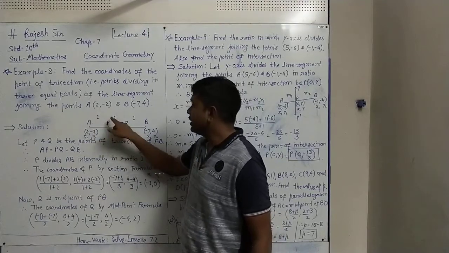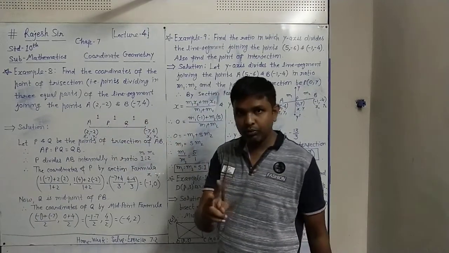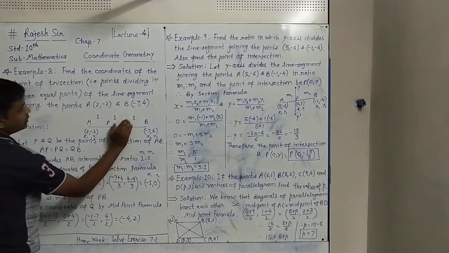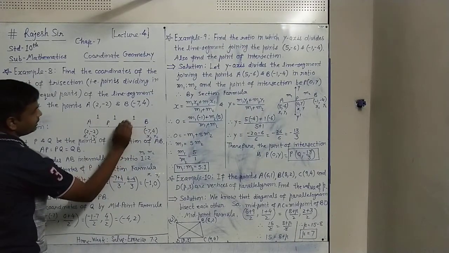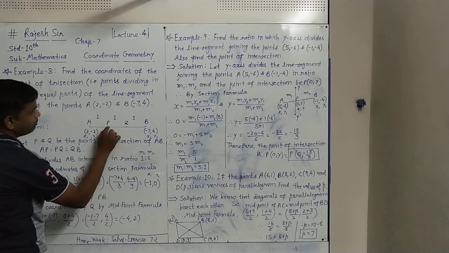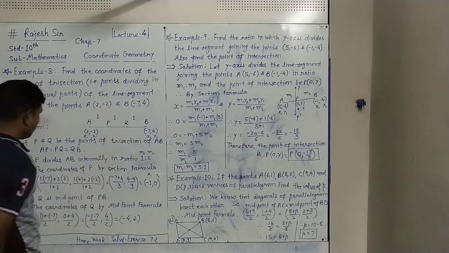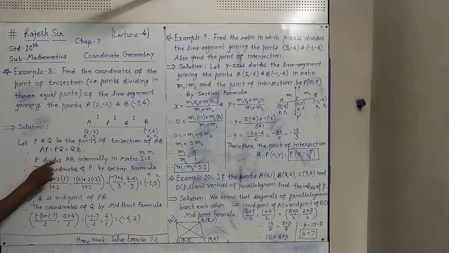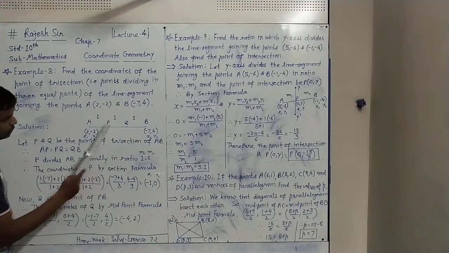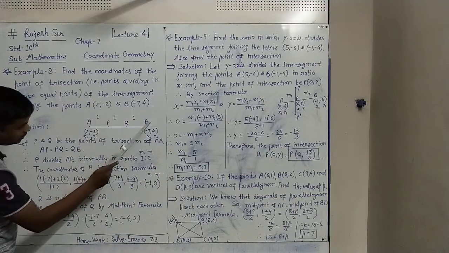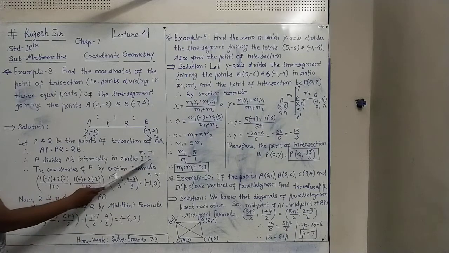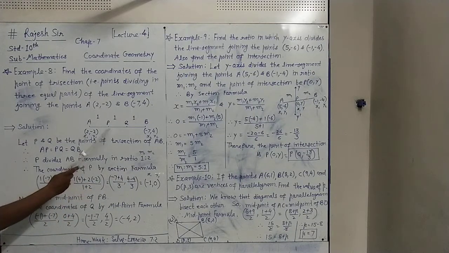If you hide Q, point P divides line segment AB in the ratio 1 to 2: AP is 1 and PB is 2. So here it is written that P divides AB internally in the ratio 1:2. So our m1 : m2 is 1 : 2 for point P.